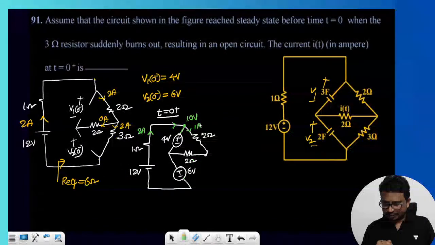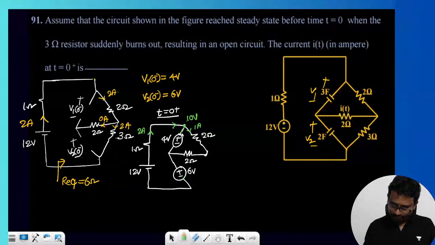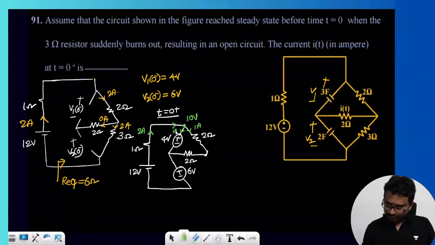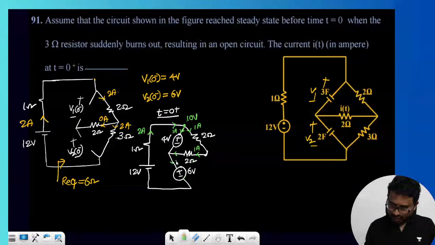Either way, 1 ampere will come. Now this is 1 ampere here, and this is 1 amp. No, this is 1 plus 1, so 2 amperes will be here.